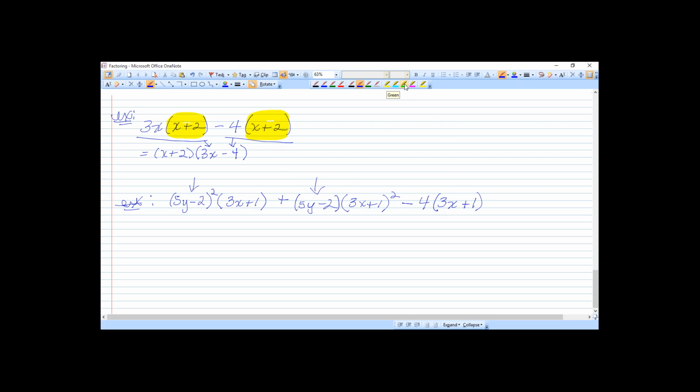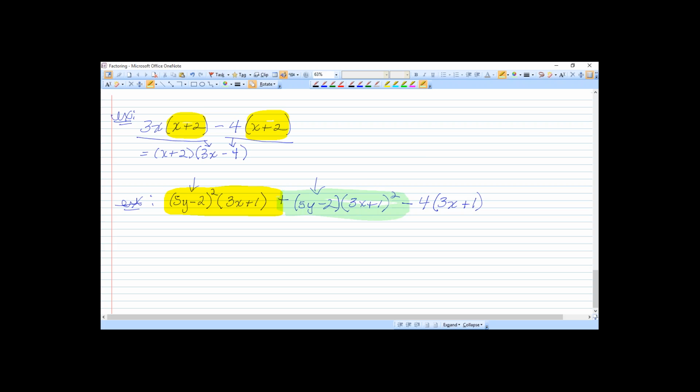Let me highlight the main terms of this problem. Here's your first term, okay? And then here is the second term.